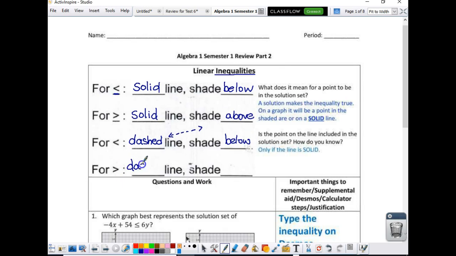This is also a dashed line, and you shade above. So the thing that's most important to remember is that a point on a line is included in the solution set only if the line is solid. So if you have a point on a line and the line is dashed, it is not your answer.